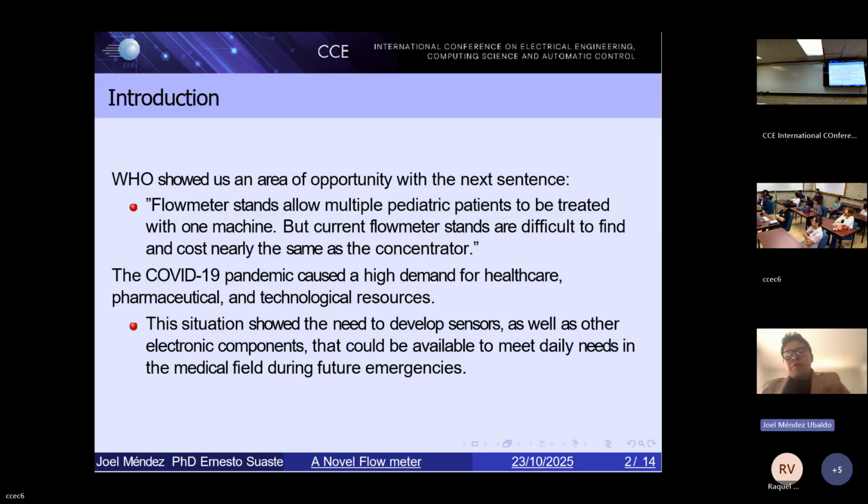Well, about the introduction, we have two situations that allow us to see the importance of developing a low-cost flow meter. The first one is about the World Health Organization. This institute includes a document on an oxygen concentrator.